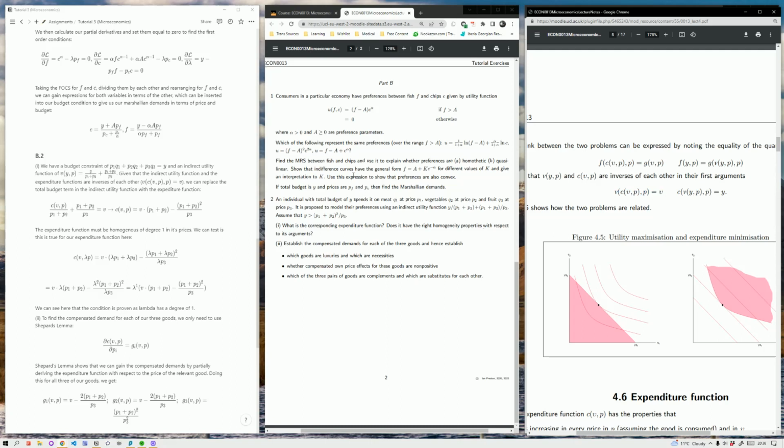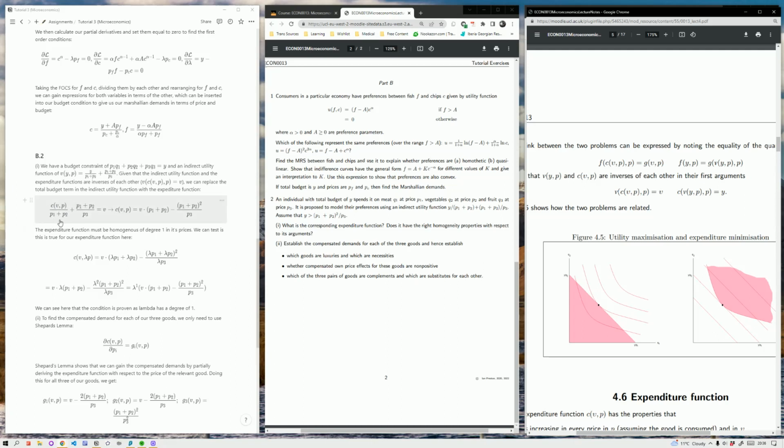Now, using this information, what I did is put the expenditure function in place of Y here, because think of it, Y is total budget, which is how much I can spend, and C is total expenditure, what I do spend.